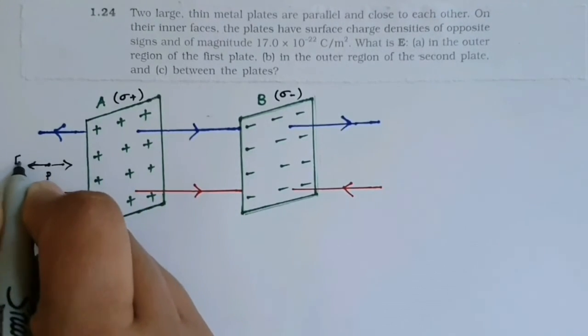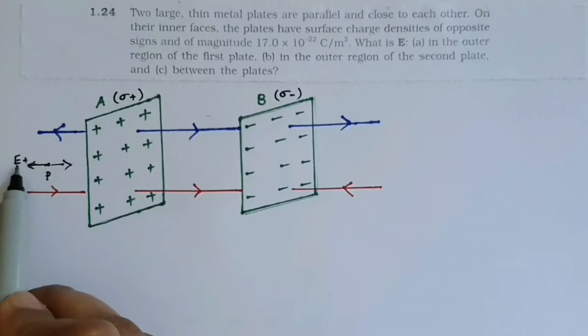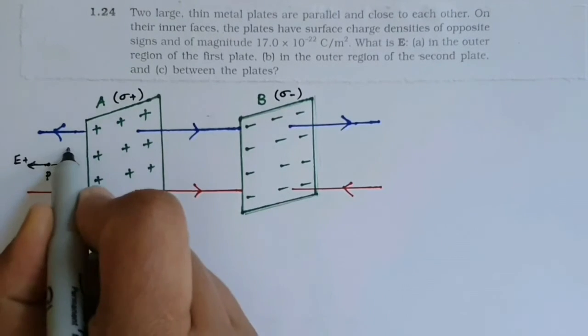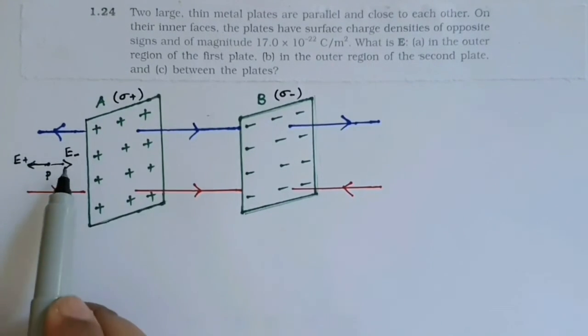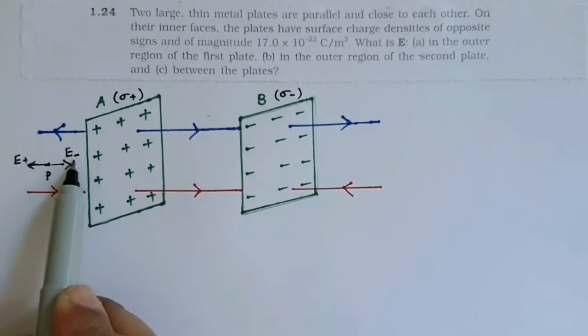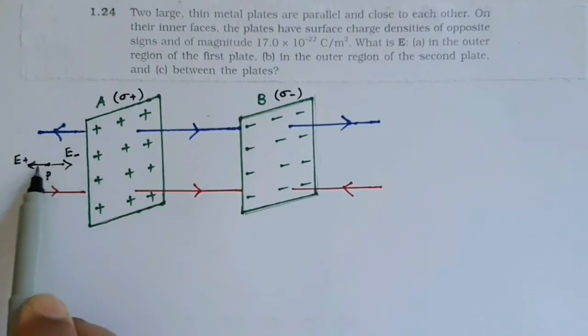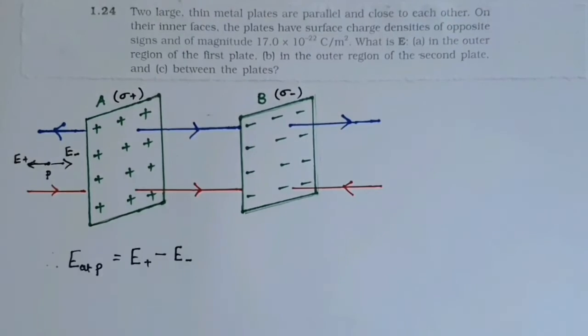So this is E plus, that is electric field due to this positive charge, and this is E minus, that is electric field due to negative charge. Both are acting in opposite directions. Therefore, the net electric field at P is equal to E plus minus E minus, because E plus and E minus are acting in opposite directions.